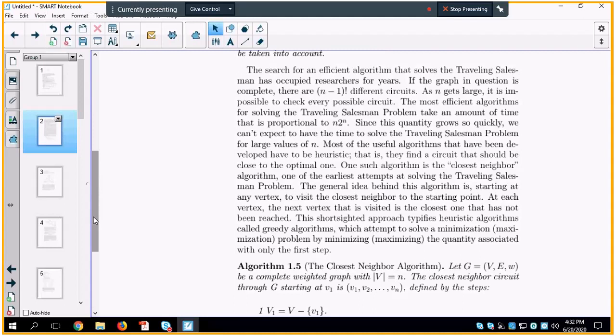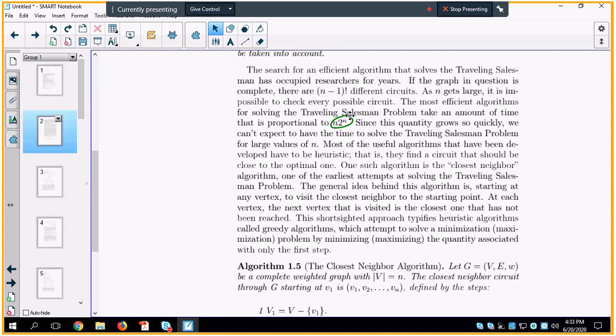The most efficient algorithm known currently for solving the traveling salesman problem takes time proportional to 2^n times n, an exponential amount of time. Since this quantity grows quickly as n gets large, we can't expect to have the time to solve the traveling salesman problem for large n.